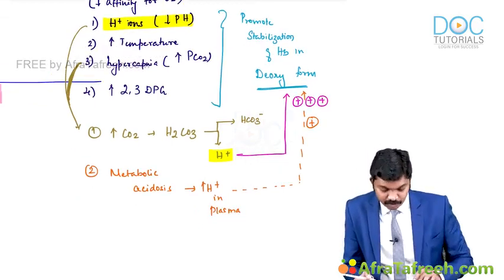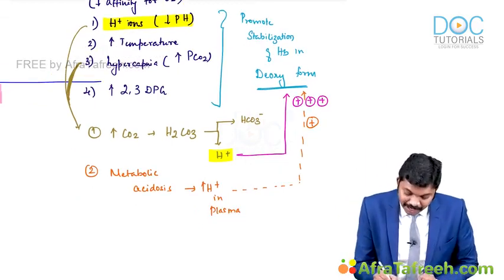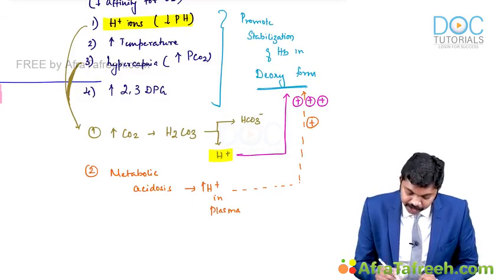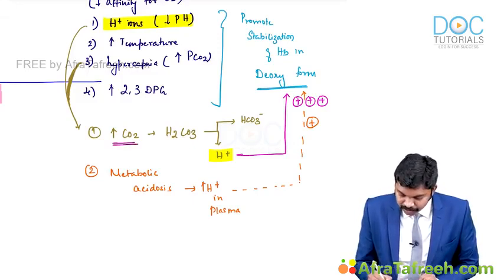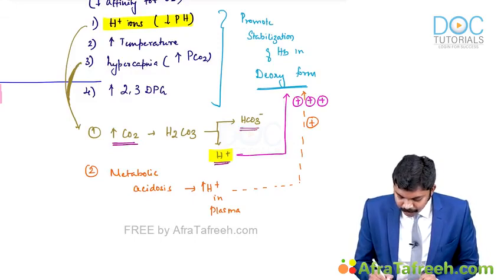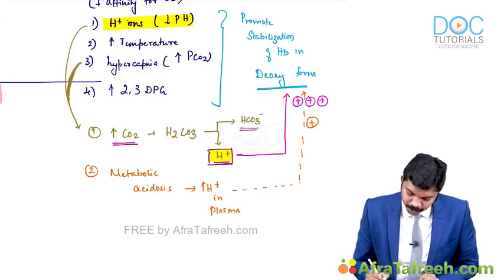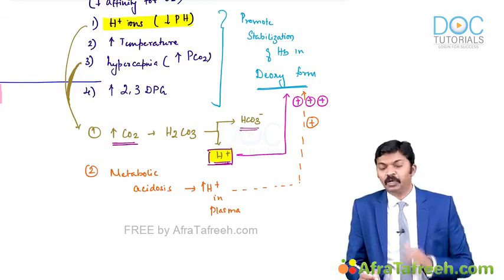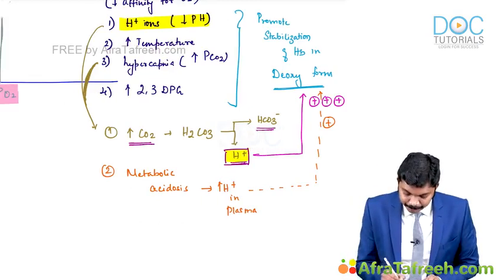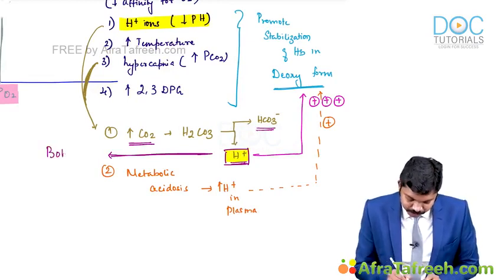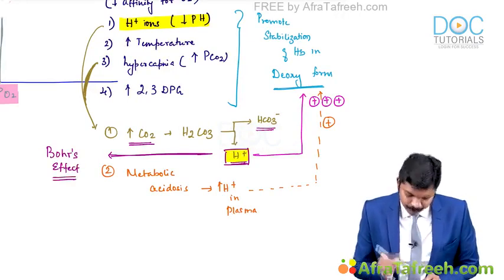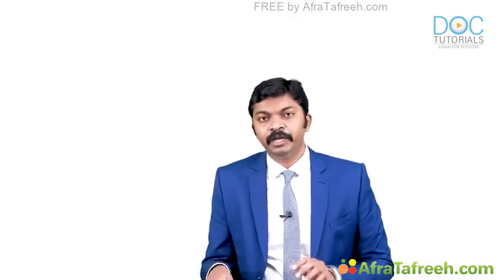Now for your important reference, my dear friends, the acid produced because of carbon dioxide load, carbon dioxide induced formation of carbonic acid, and that carbonic acid is going to split into H plus, which is going to destabilize the oxyhemoglobin. This effect is called Bohr's effect. Primarily, Bohr's effect is nothing but carbonic acid induced destabilization of oxyhemoglobin and stabilization of the deoxyhemoglobin form.